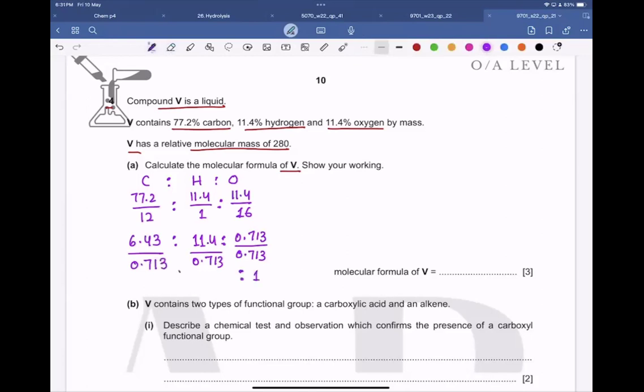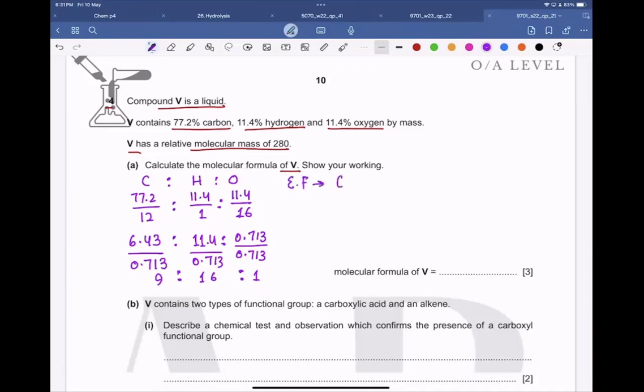Can anyone tell me the rest of the two values, please? 9. And the second one? It's 16. Okay. So from this, we got the empirical formula, right?